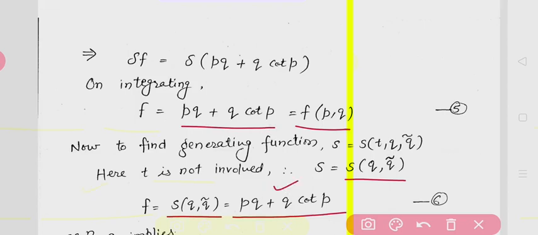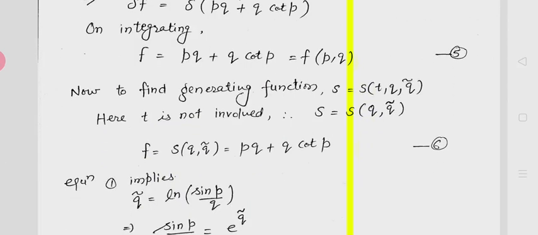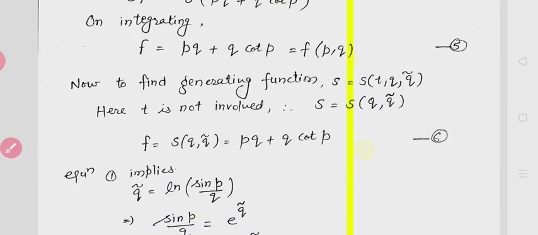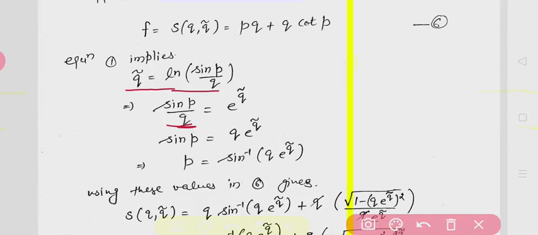Okay. So that means I will write down the value for P and cot P. I will place the value for this one and this one. So as per the given equation, what is the equation given? Q tilde is given as log of sin P by Q. So if you find out the value of sin P by Q, that will be nothing but e raised to power Q tilde.